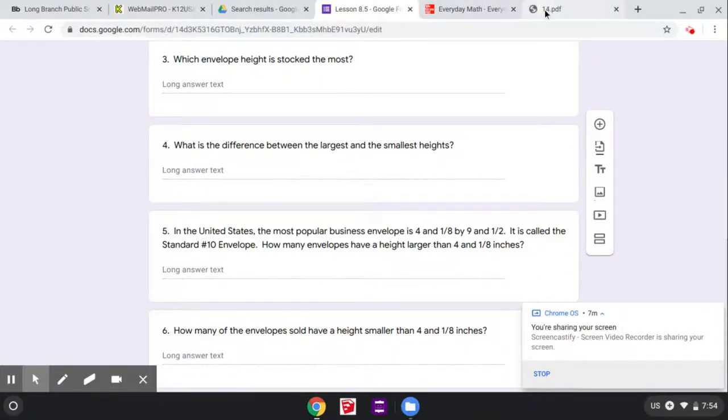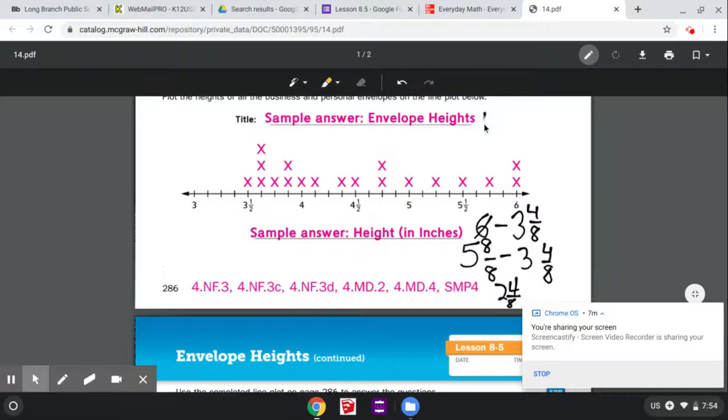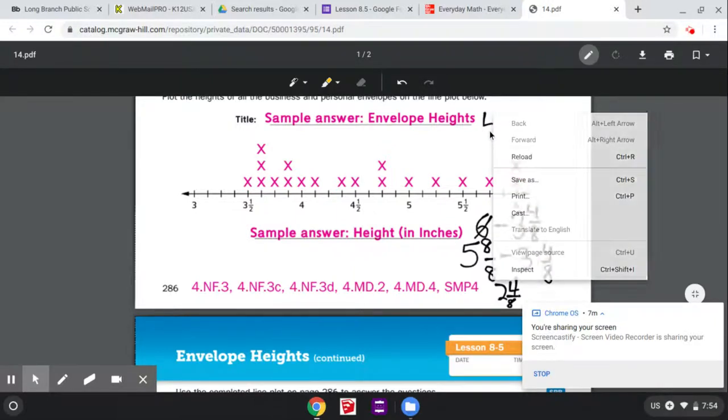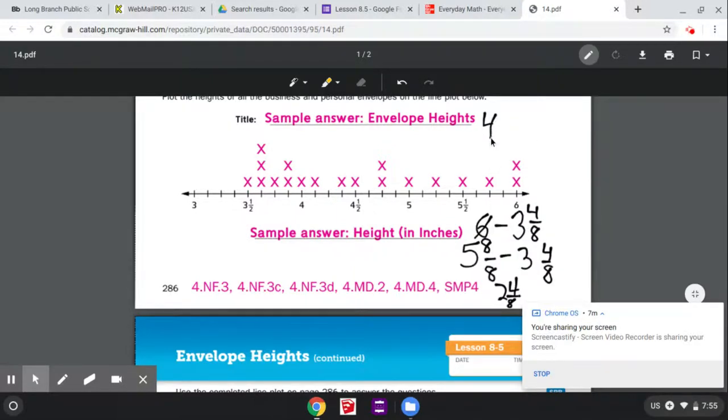So the same thing, you'd have to subtract 4 1/8 minus 3. I'm not going to use 1/2. I'm going to use 4/8 because I want the denominators to be the same.